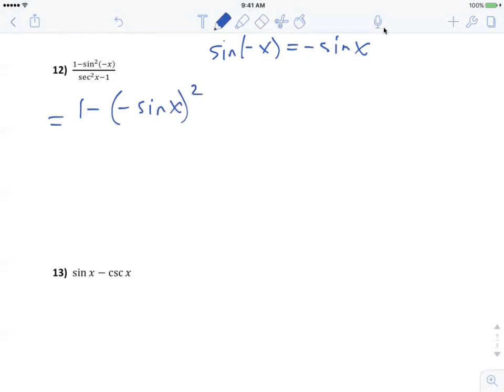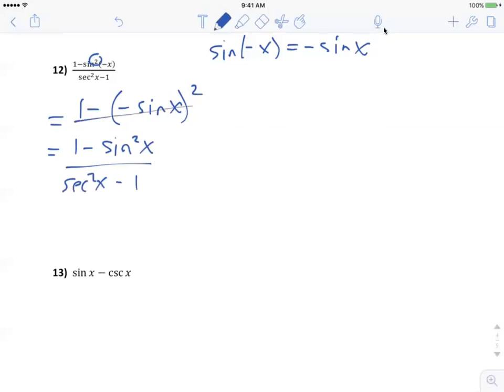Remember that square where they put it, it's just a notation thing. It really just means the whole thing is being squared. And then, you know, if you square a negative here, it's just going to go away. So that top part is 1 minus sine squared. Okay, I'll put the square back to where they like to put it in these trig identities. Okay, and I still have that denominator, secant squared minus 1. Right.